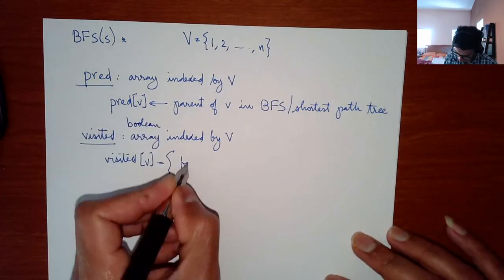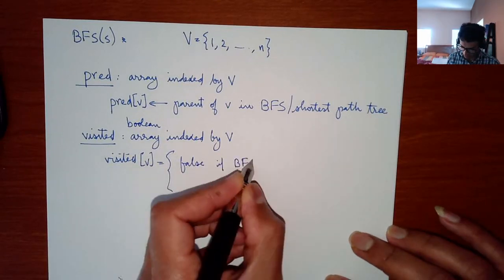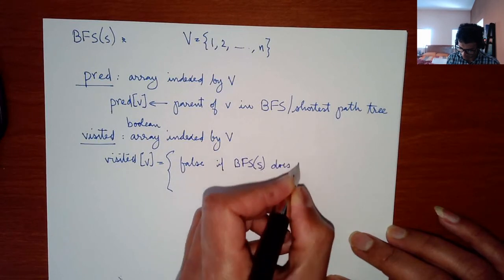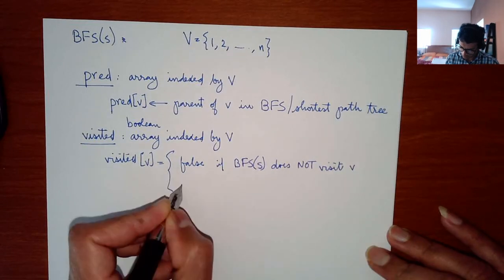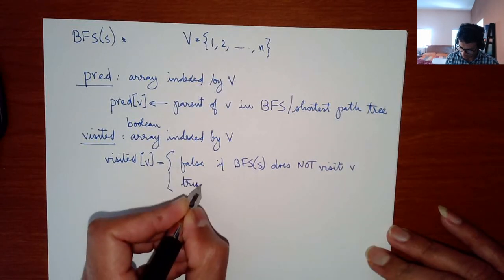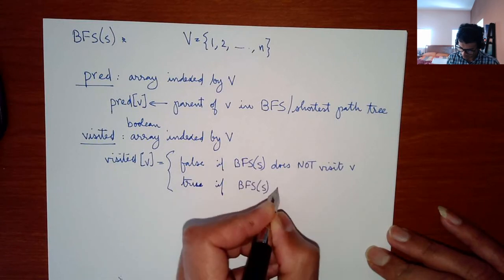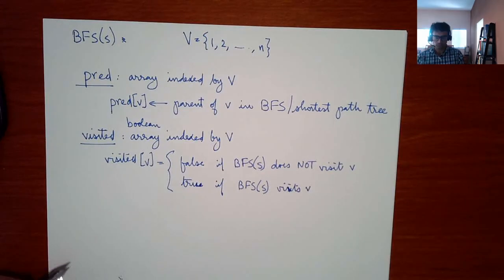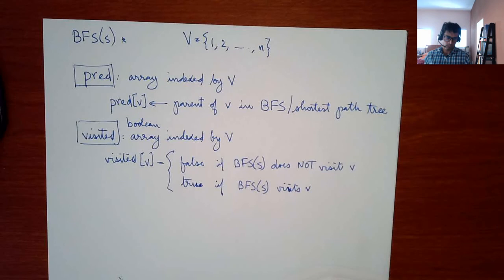It's going to be false if, in the end, BFS of S does not visit V, and it's going to be true if BFS of S visits V. So these are the things that are output by BFS.